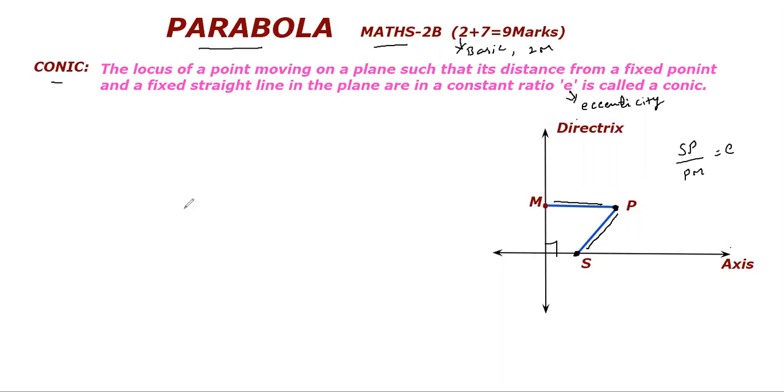Next, when E equals 1, that we call parabola. When E lies between 0 and 1, that we call ellipse. And when E is greater than 1, that we call hyperbola.